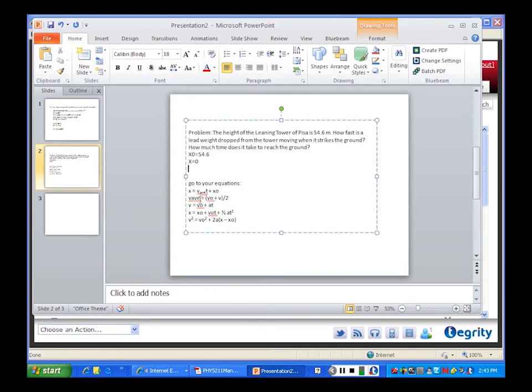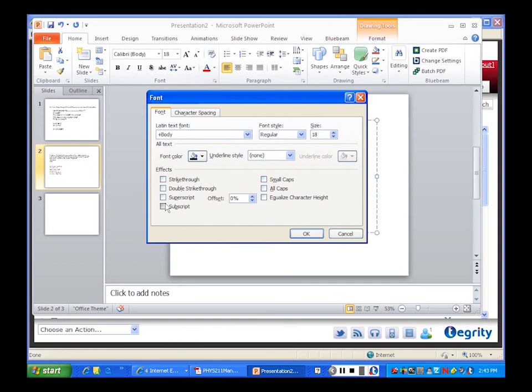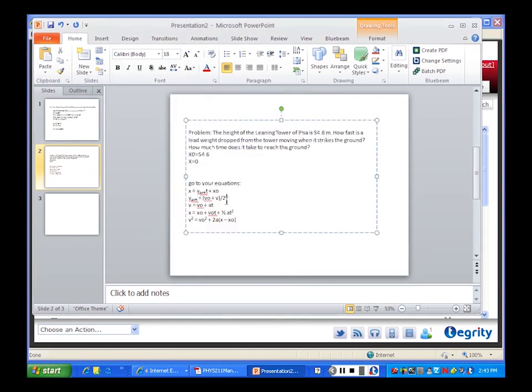If we look at our formulas down here, for example, let me subscript that average term. Here in V average we have a V0 and a V. So V0 is our original and V is our final. Now final is just the instant it strikes the ground, so it's not 0 because it's resting on the ground. The final velocity is how fast it's going when it strikes the ground.